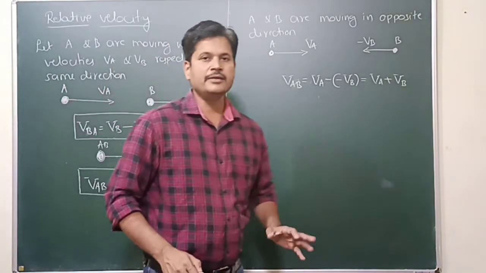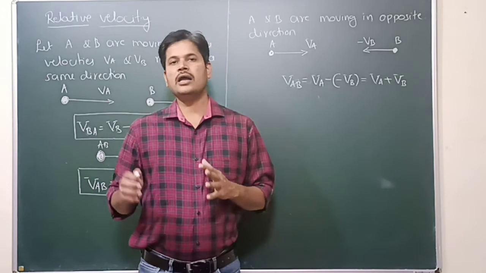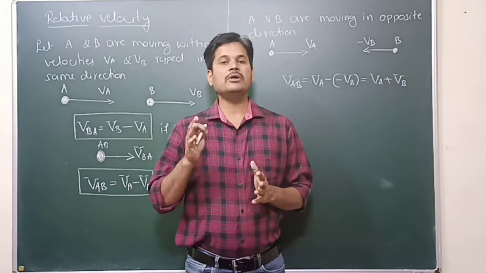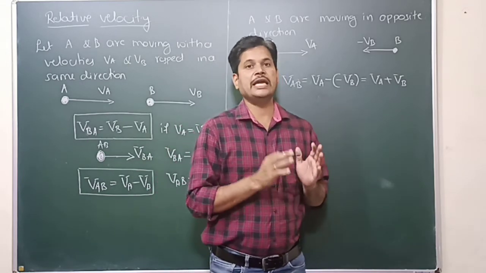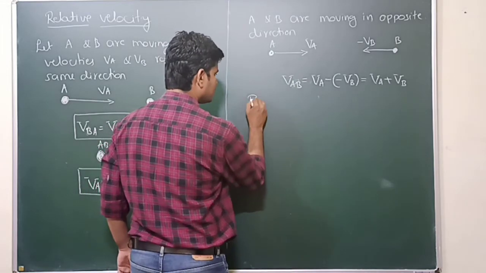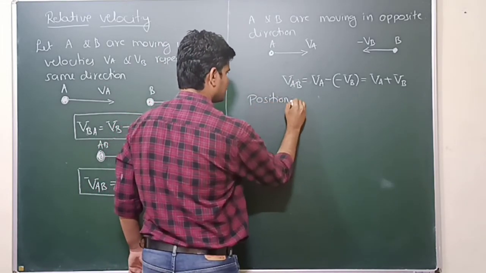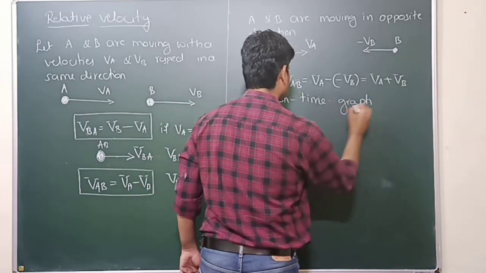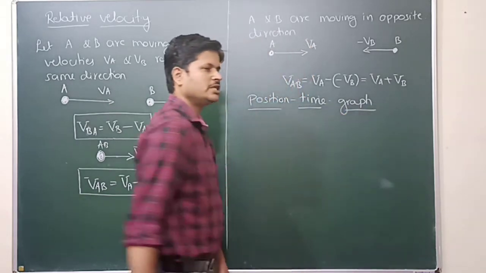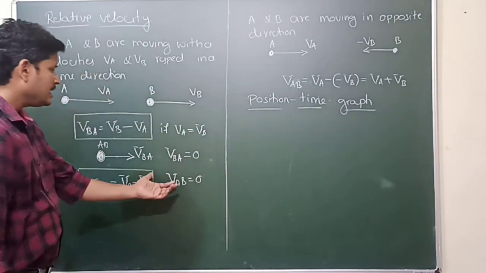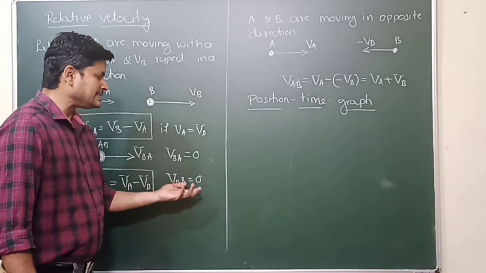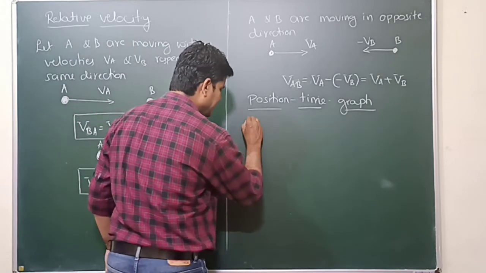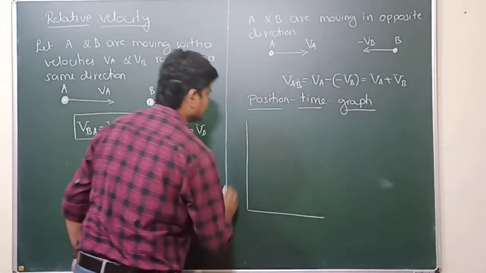Okay, next one. If the objects are moving in the same direction and you want to draw the position-time graph for their relative velocity. As I said, if their relative velocity is 0, that means VA is equal to VB, then the graph is like this.